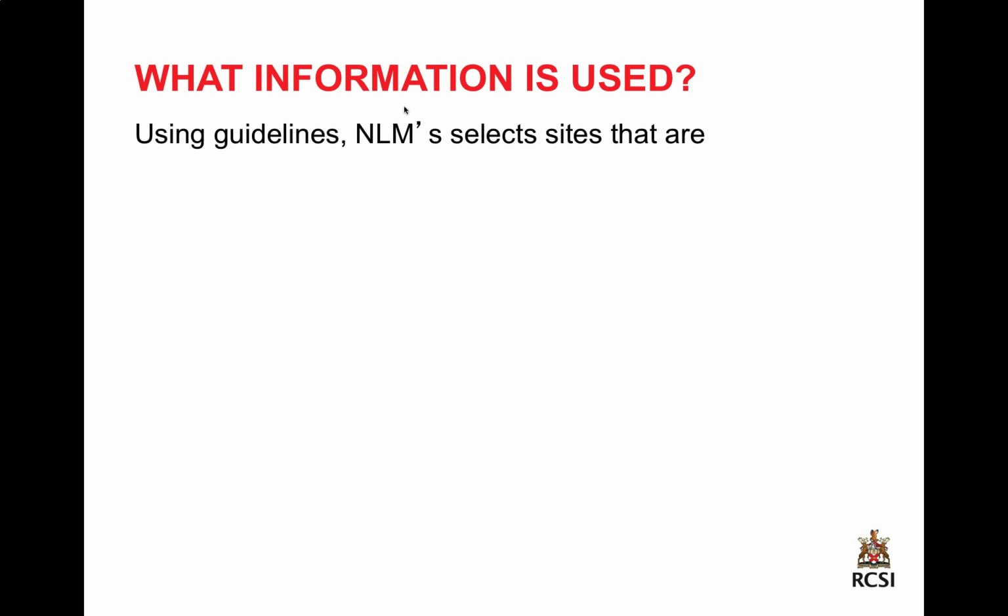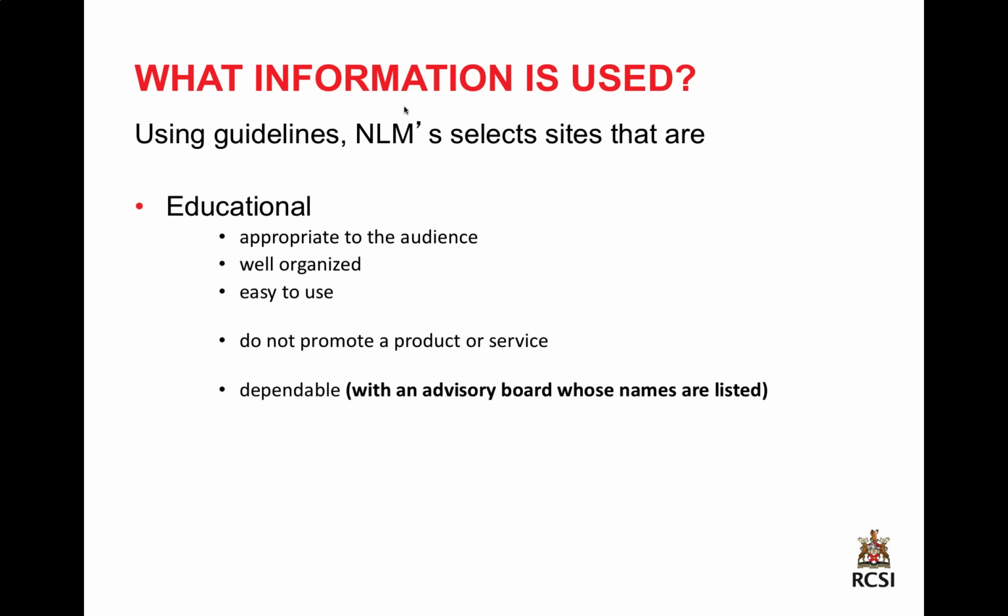So what we've got in here are guidelines, and the National Library of Medicine selects sites, and they have their own criteria for this. Firstly, educational, appropriate to the audience. This is not a heavyweight medical, highly technical site. It's appropriate to be read by the general public.